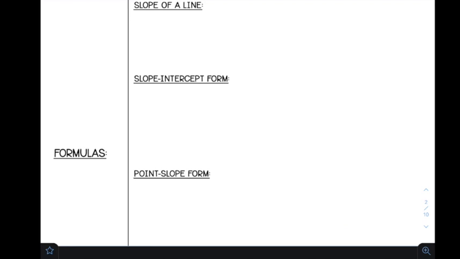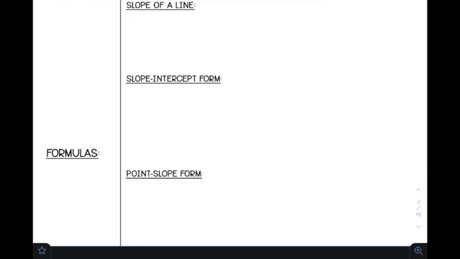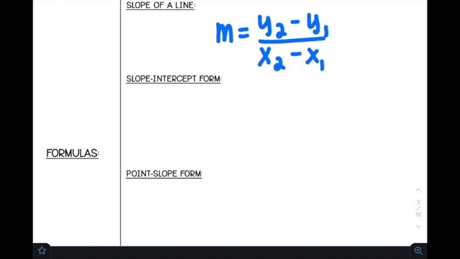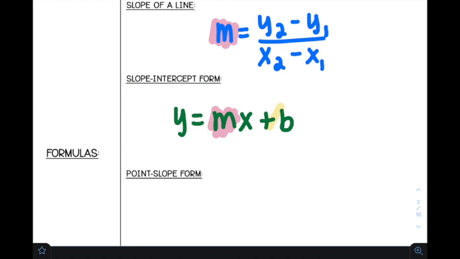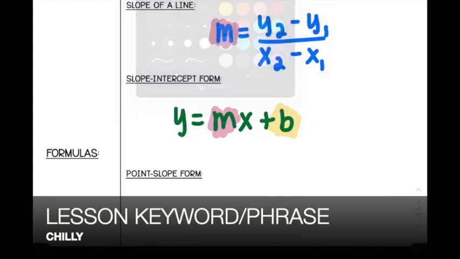So information that we need to know: our slope of line, which is m equals y2 minus y1 over x2 minus x1. And you also have your slope intercept form, which is your y equals mx plus b. Again, m being your slope, b being the y-intercept, and then your coordinate points being your x and your y that you're going to substitute in.